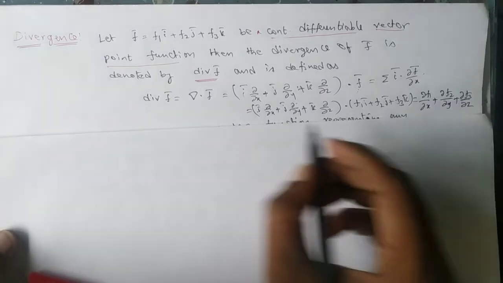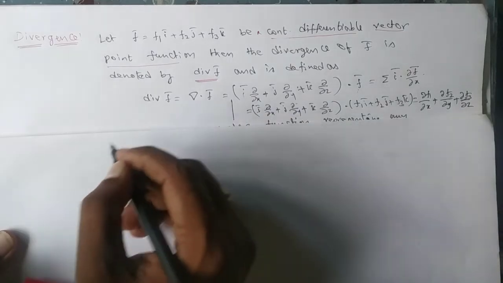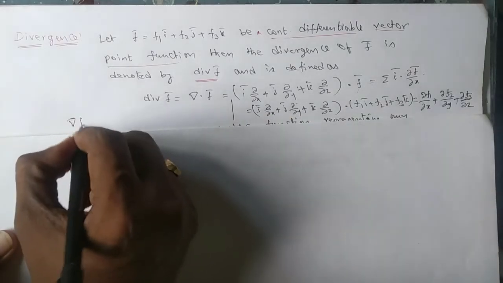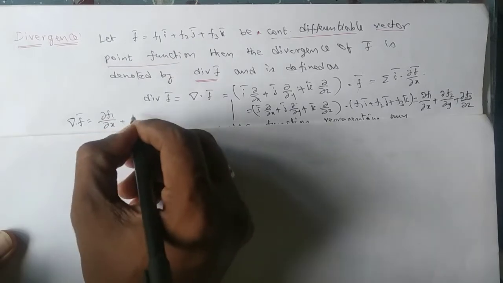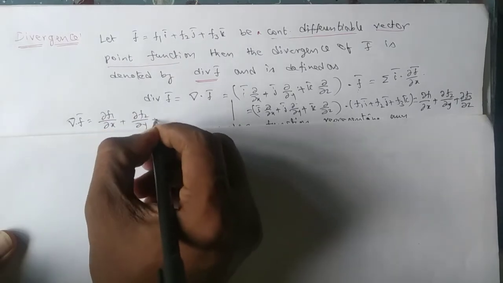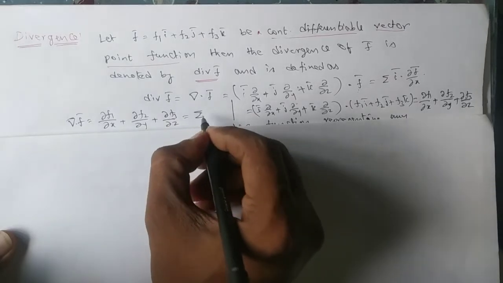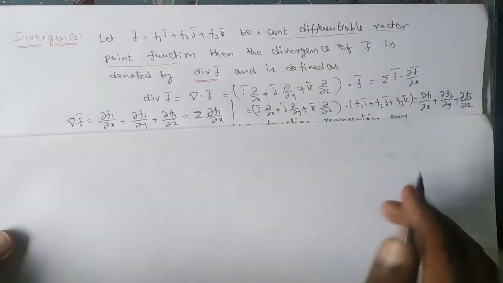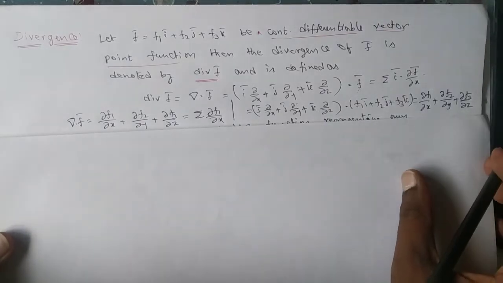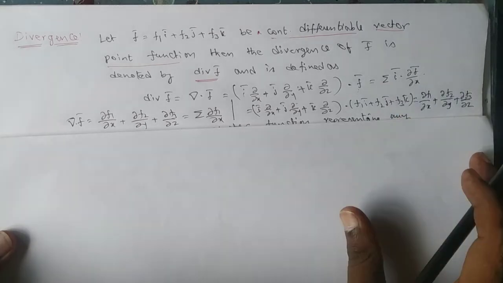That means the divergence of f can be written in a simple manner: del dot f bar equal to dou f1 by dou x plus dou f2 by dou y plus dou f3 by dou z. In sigma notation, it is sigma dou f1 by dou x also. For calculation purposes, we just use this technique. By definition, we can write it as sigma i bar dot dou f bar by dou x.